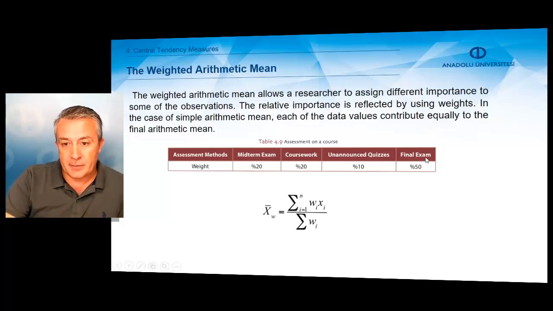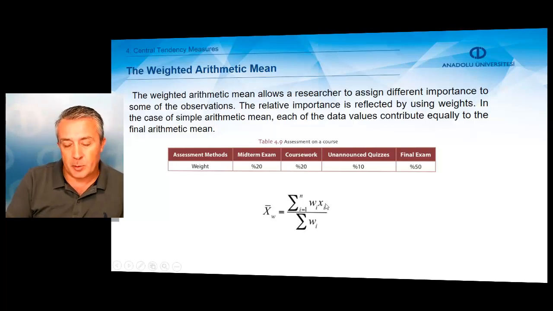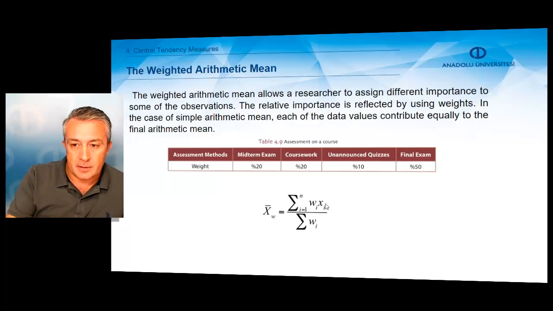So we have to reflect this change in importance, and we will call it the weighted arithmetic mean, and the weights will come as multipliers to our x values. The formula looks very much like the arithmetic mean formula for a frequency distribution. Only one thing is changed. Rather than frequencies here, we have the weights.